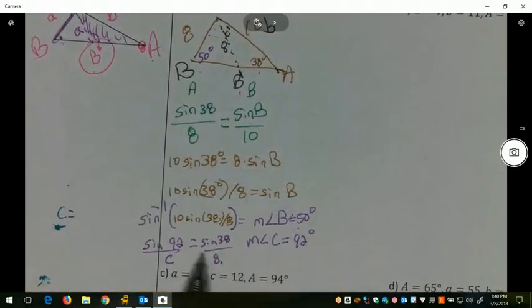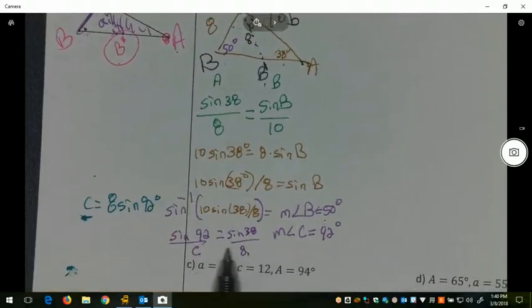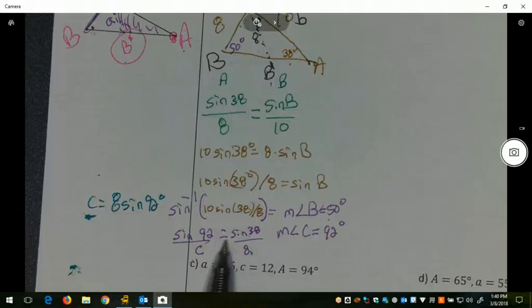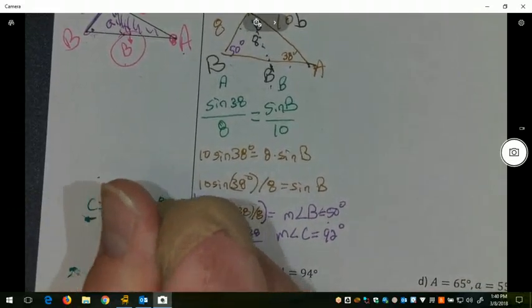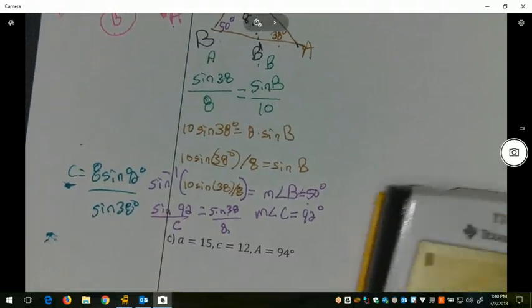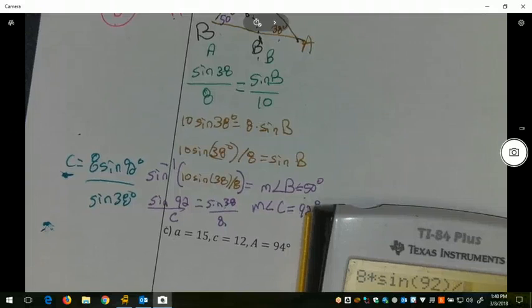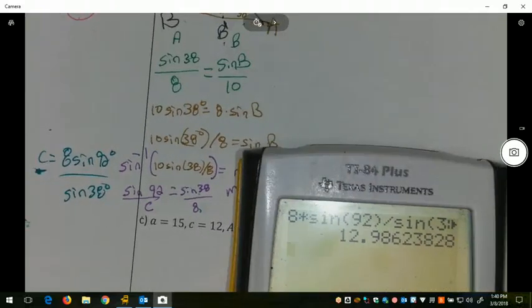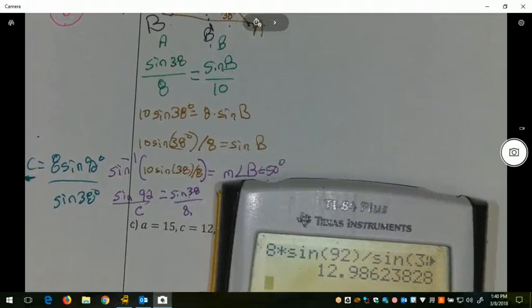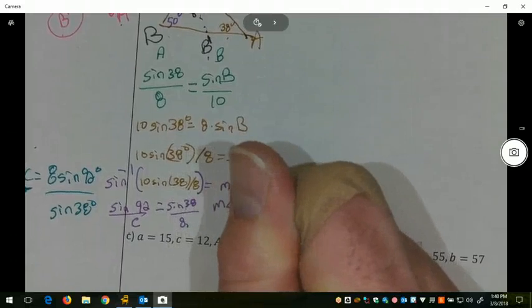So I'll have 8 times sine of 92 degrees equals this times C, and so I'm going to divide by sine of 38. So to find side C, I have 8 times sine of 92 divided by sine of 38, which gives me 12.986, which rounded to the nearest hundredth would be 12.99. Side C is 12.99.